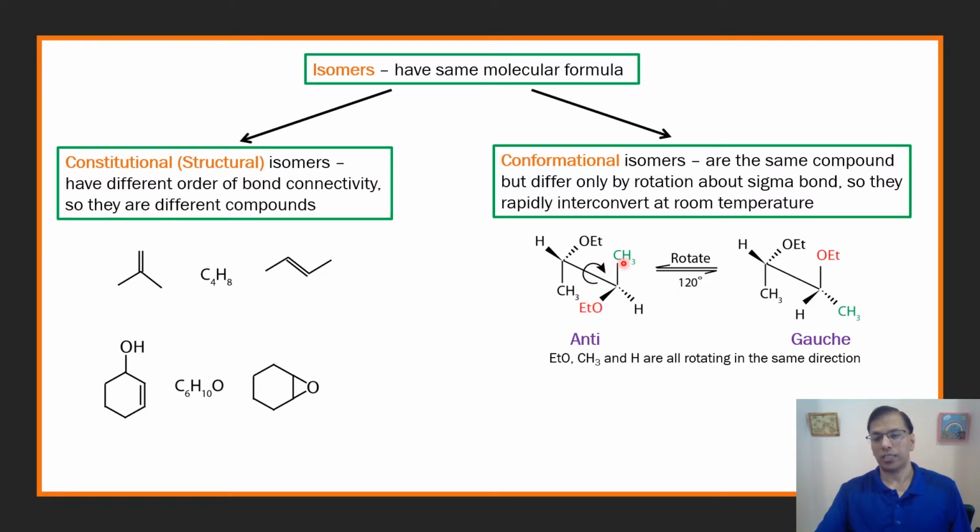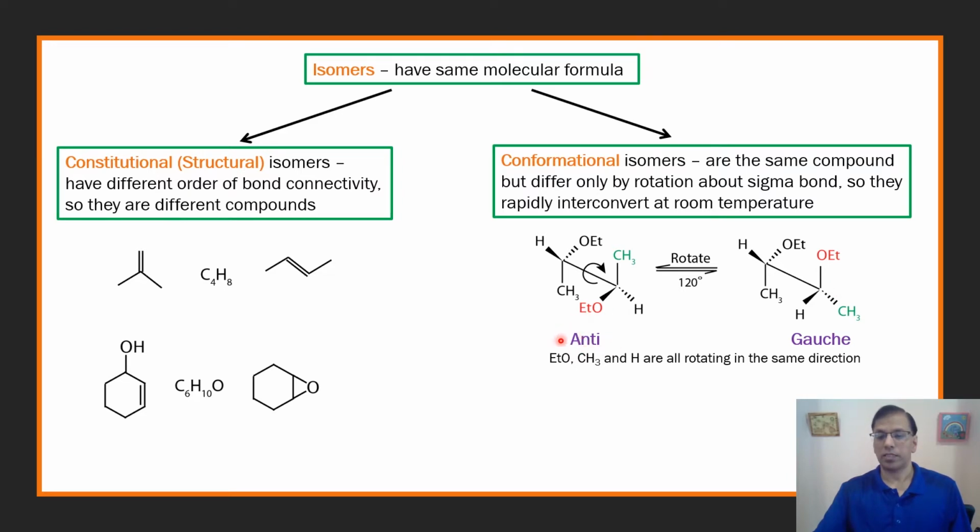So when you rotate it, the ethoxy group will move here, and so you have the new conformer where the ethoxy group is right here on the top. The methyl group is down. So these two are called conformational isomers.